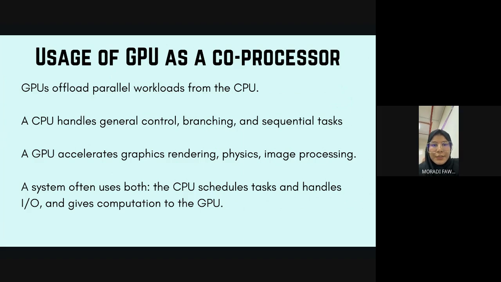The GPU accelerates graphics, rendering, physics, and image processing, and a system often uses both: the CPU schedules tasks and handles input and output, and gives computation to the GPU.